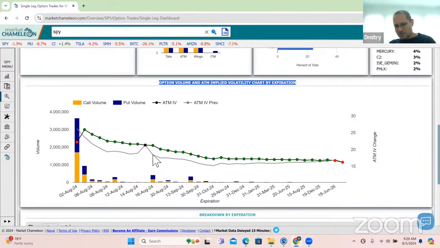You could see that the near term options increased again, and the entire term structure got pulled up. So as you go out in time, that got pulled up as well. All implied volatilities went up across the board, and the nearer term got pushed up higher.